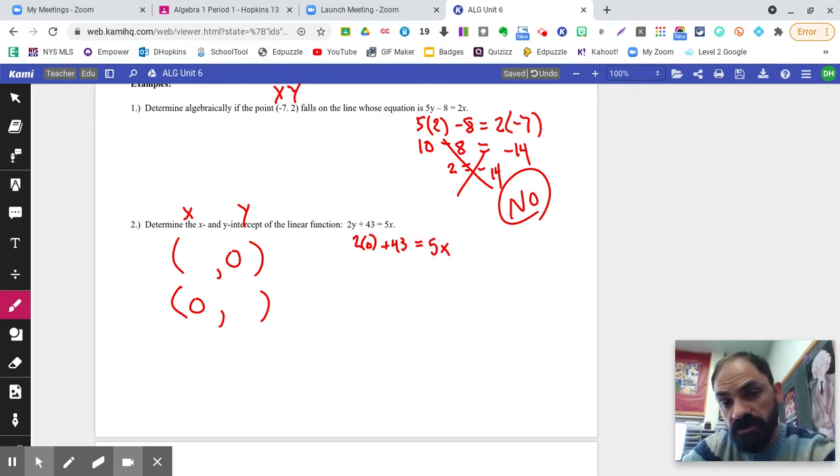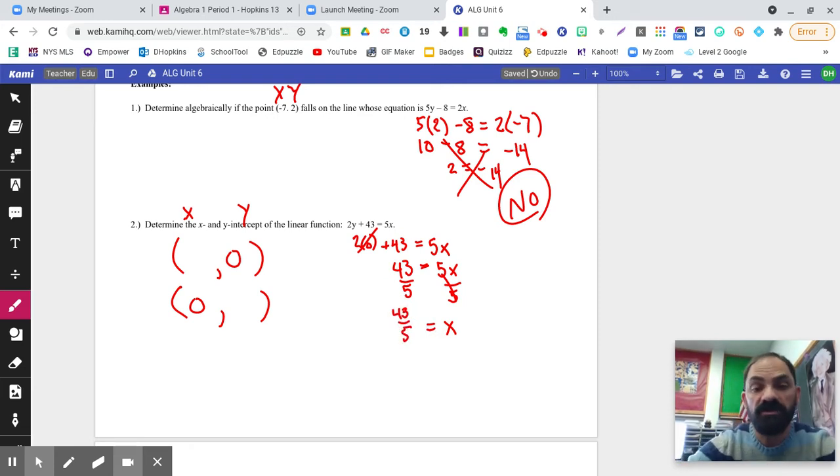So 2 times 0 is 0. They cancel. 43 equals 5x. And then divide both sides by 5. So x equals 43 fifths. Excuse me. So 43 over 5 goes here.